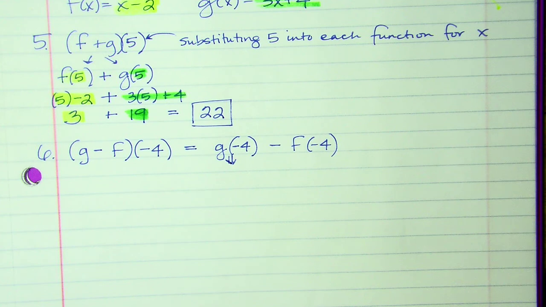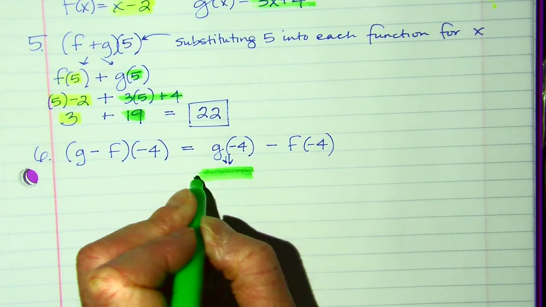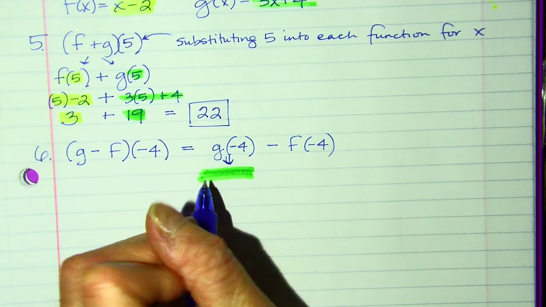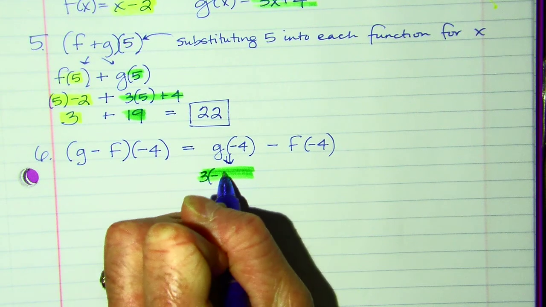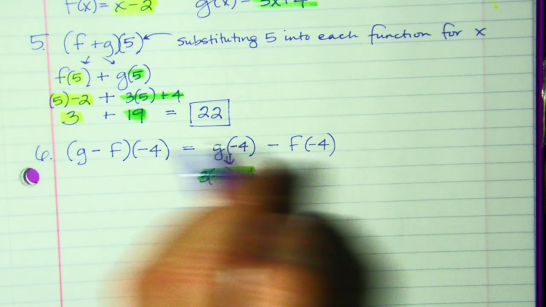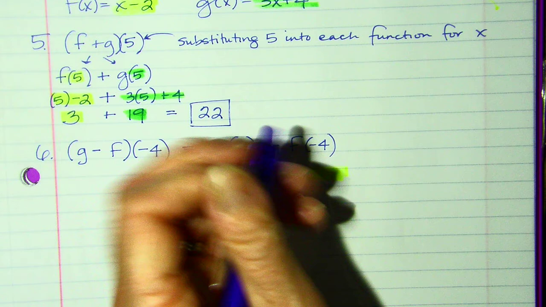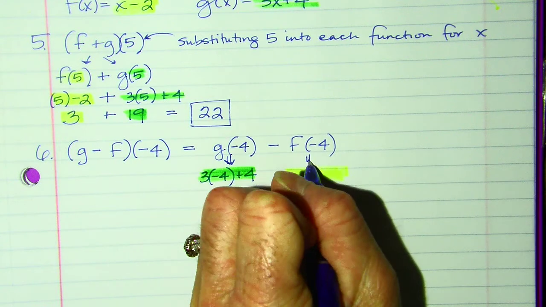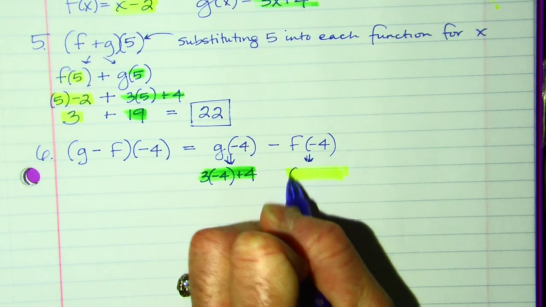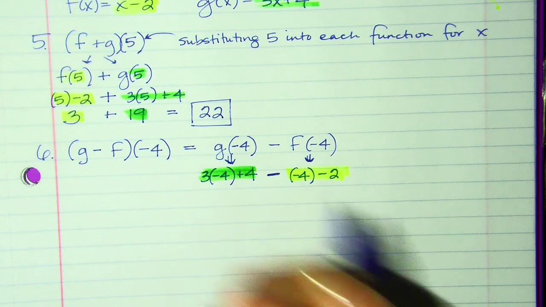This is the green function. So I'm substituting a negative 4 in for x. Okay, and this is my yellow function. And they're asking me to substitute a negative 4 into x, and then I have a big subtraction sign.